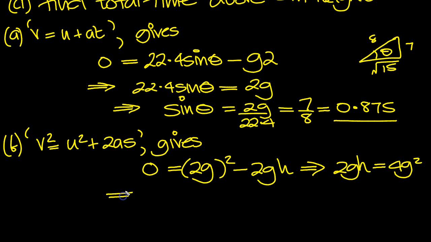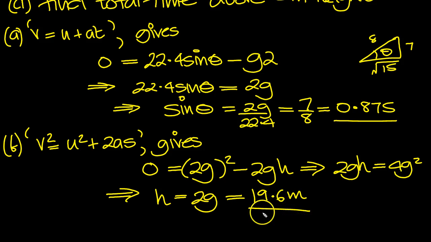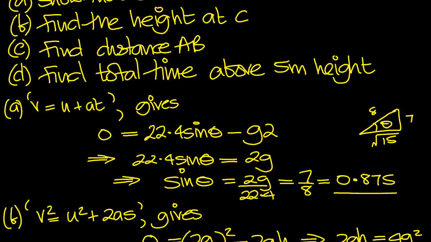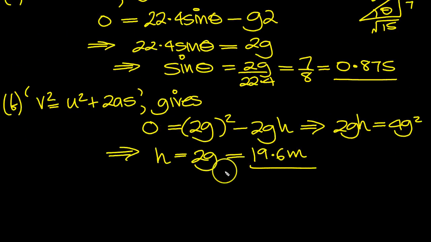So h, the highest point, is equal to 2g, which equals 19.6. 9.8 doubled is 19.6 meters. 9.8 times 2. So that's that height, and that's b. So we've done that. Find the distance AB.